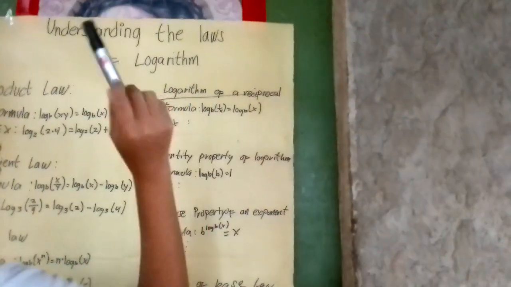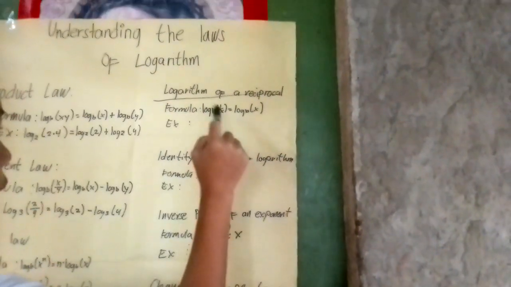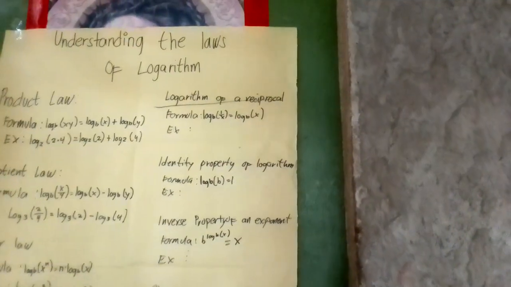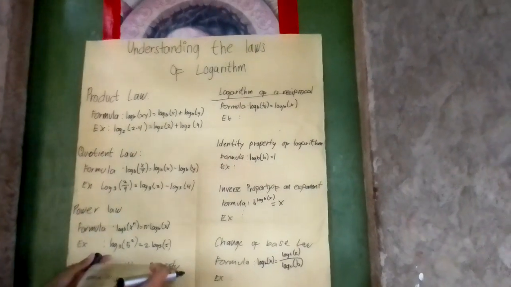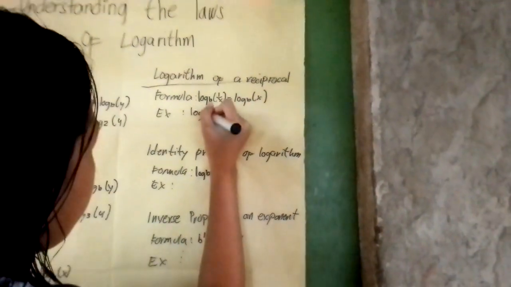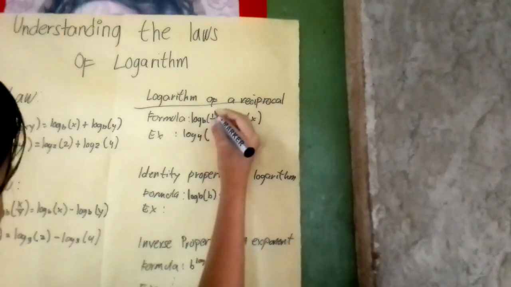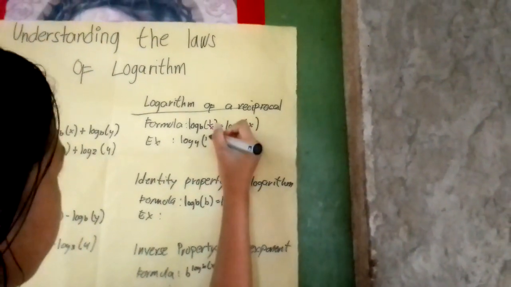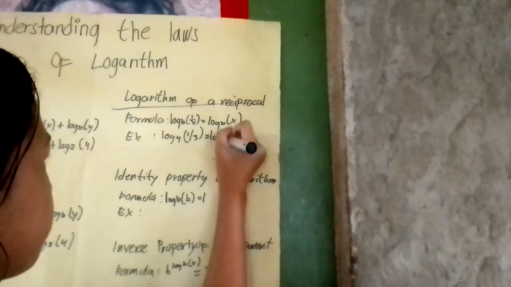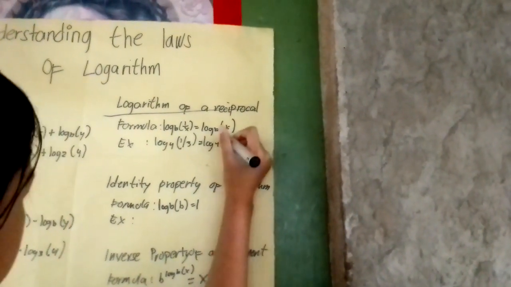So the formula of the logarithm of a reciprocal is log base b, quantity of 1 over x equals negative log base b, quantity of x.